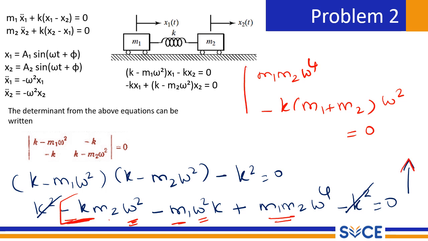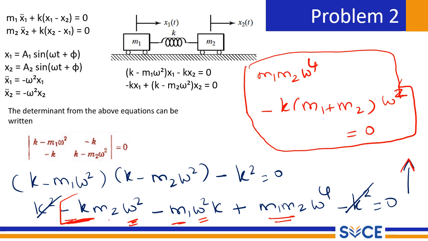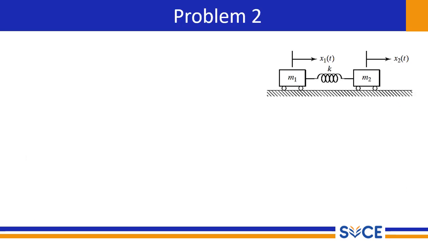In the next slide, from this, let me explore and find what omega square is. That is the natural frequency. It has been found from the previous slide, that from the determinant we can find this equation: m1 into m2 omega to the power of 4 minus k into m1 plus m2 omega square equal to 0.